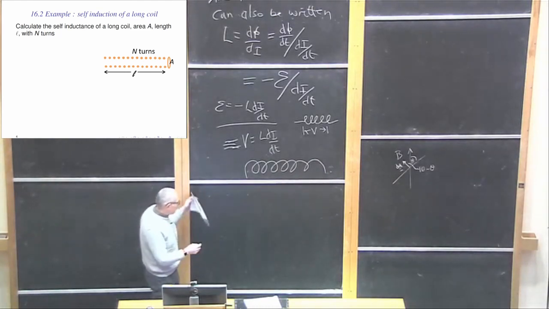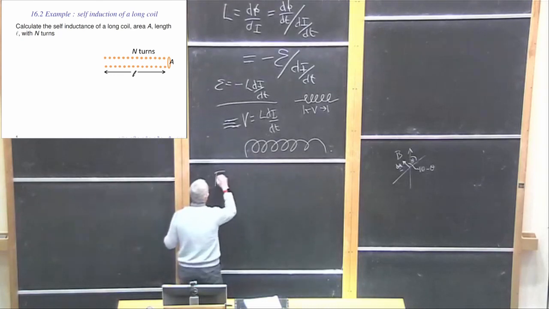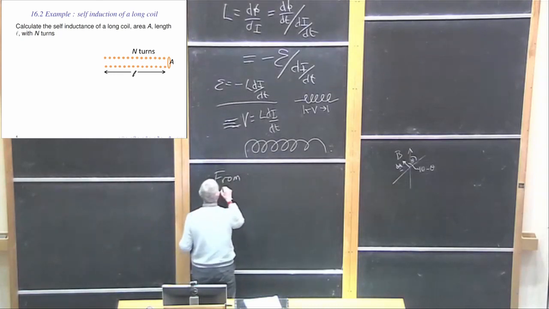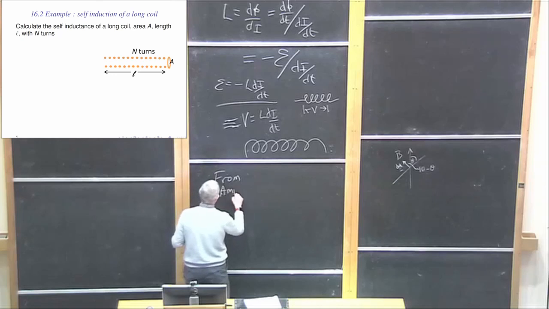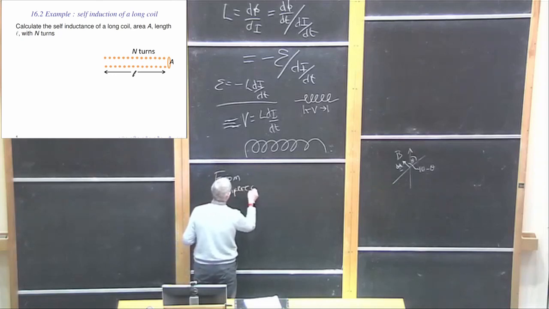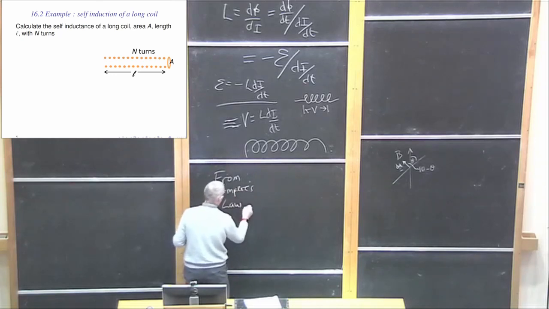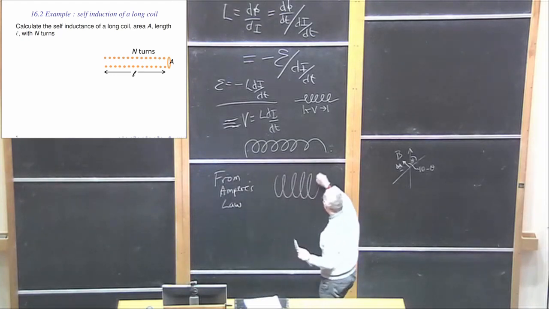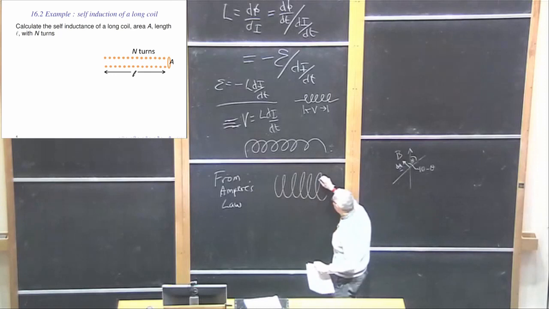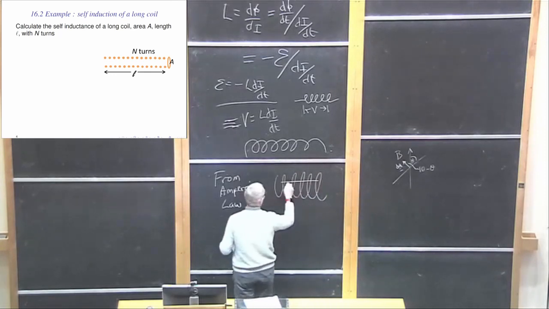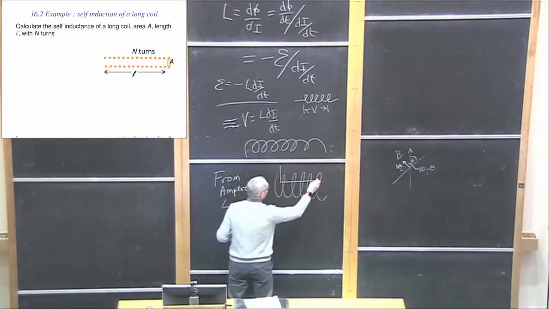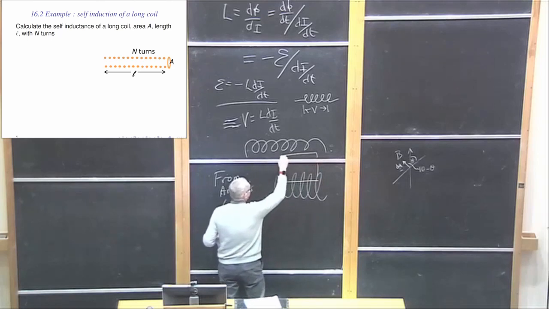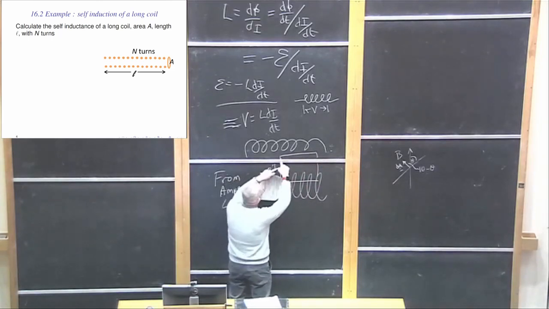Now, from Ampere's law, I'm probably going to have to derive this quickly, just to remind you. Always dangerous, just in case I forget how to do it. But you've got a coil, and you take this Amperian path. This goes off to infinity.